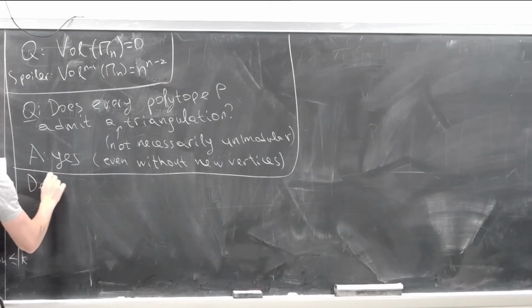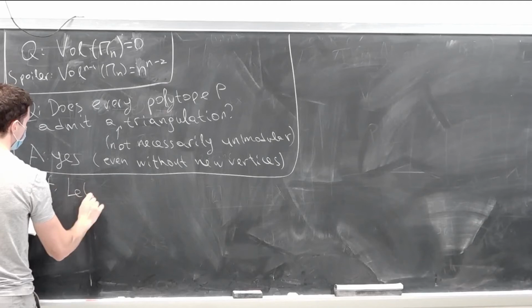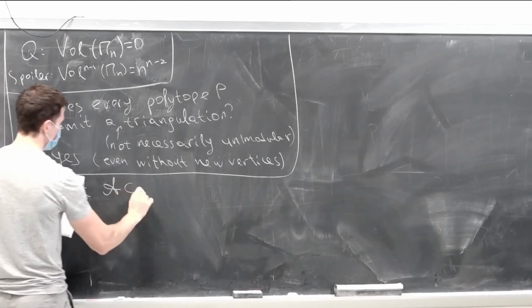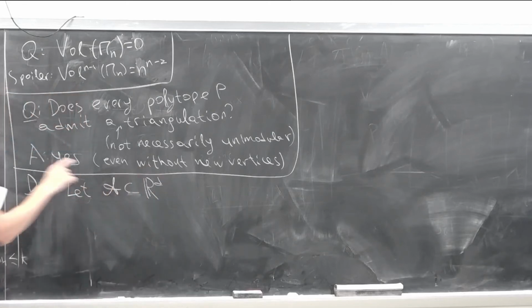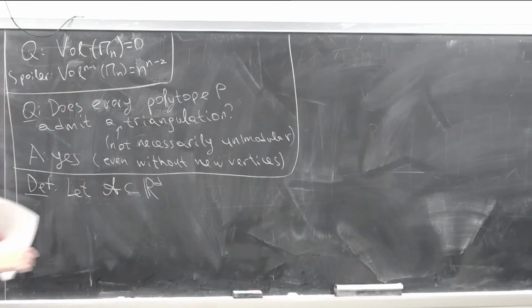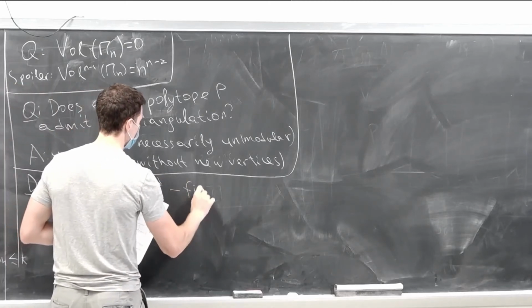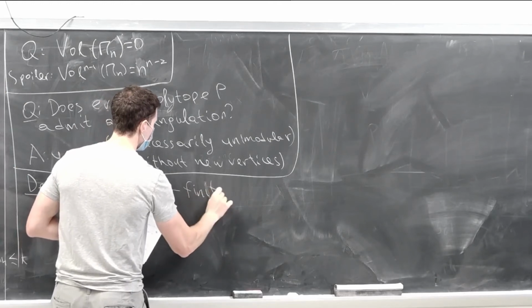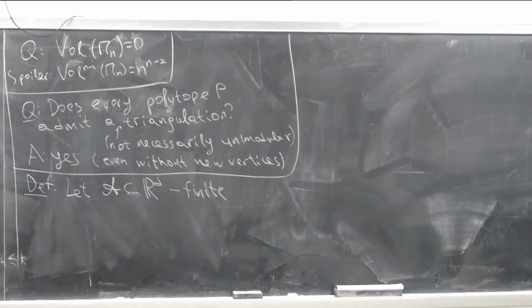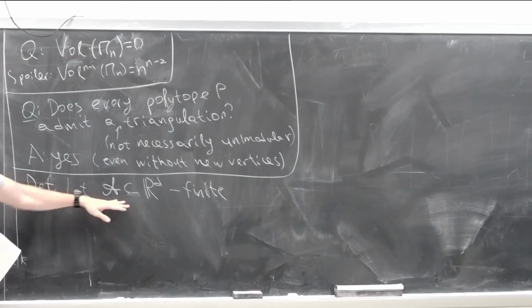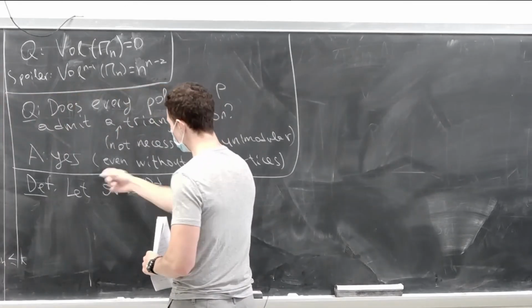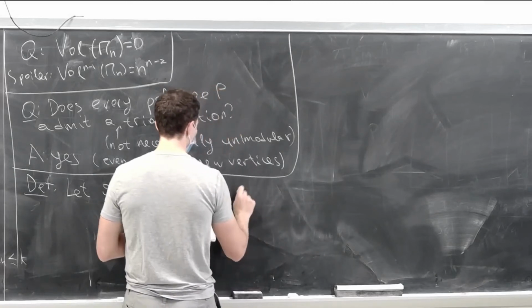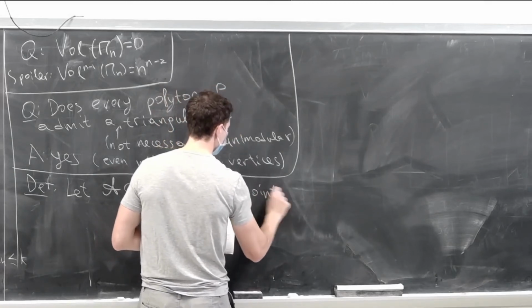So definition, let's say A is a point configuration, just a finite set of points. You can think of A as vertices of a polytope, but they need not be in convex position. A finite point configuration.